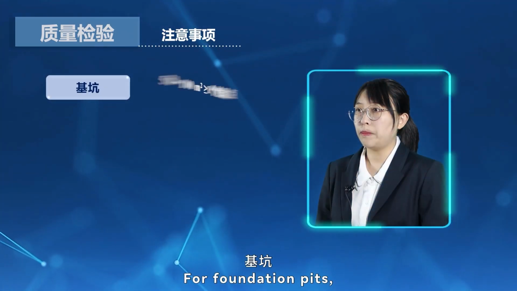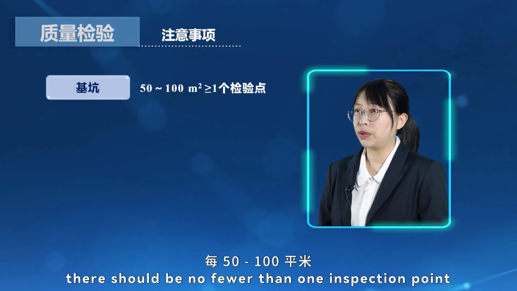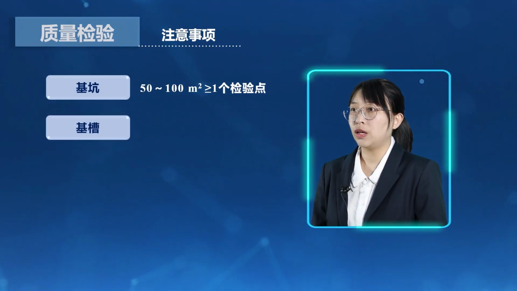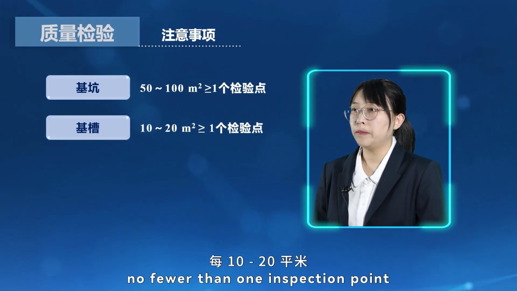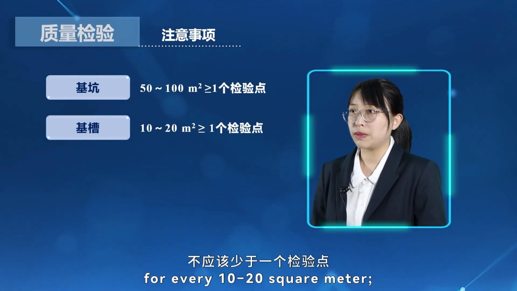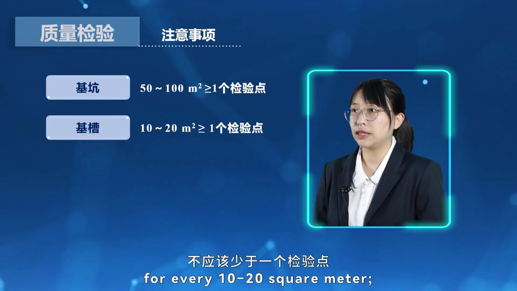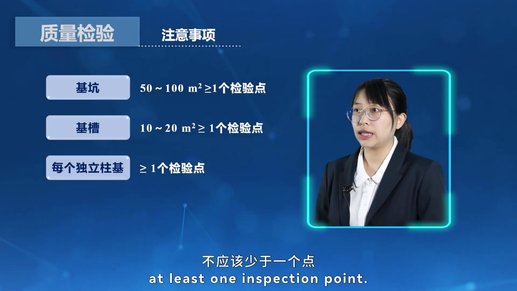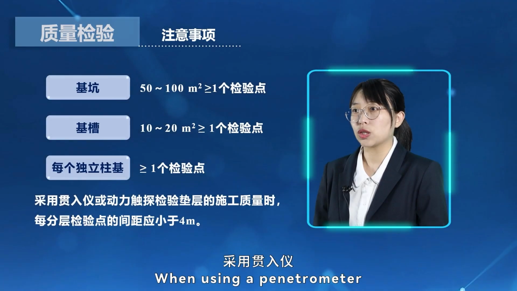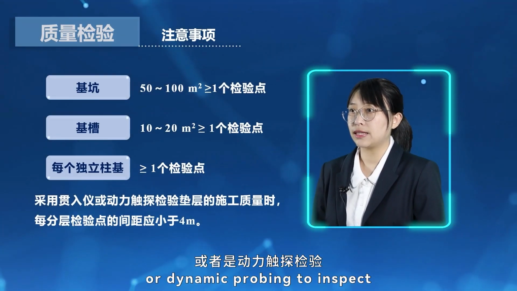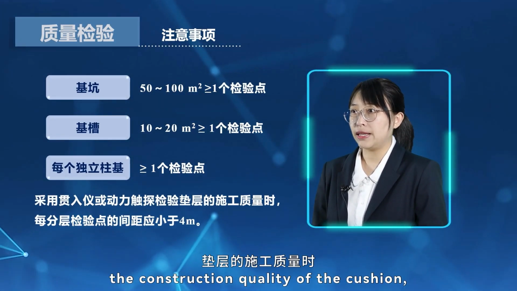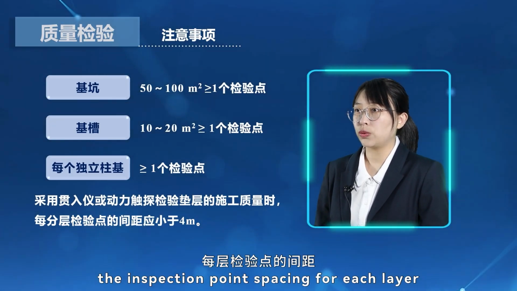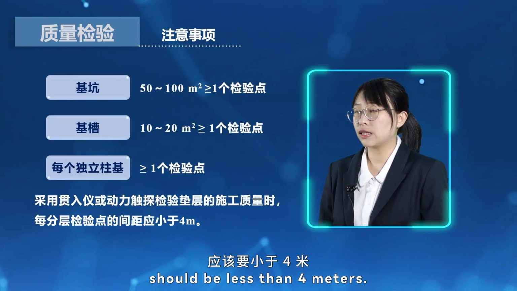For foundation pits, there should be no fewer than one inspection point for every 50 to 100 square meters. For foundation trenches, no fewer than one inspection point for every 10 to 20 square meters. And for each independent column footing, at least one inspection point. When using a penetrometer or dynamic probing to inspect the construction quality of the cushion, the inspection point spacing for each layer should be less than 4 meters.